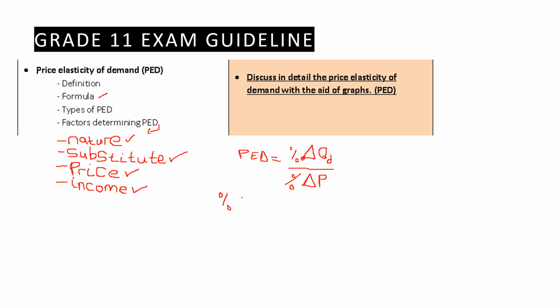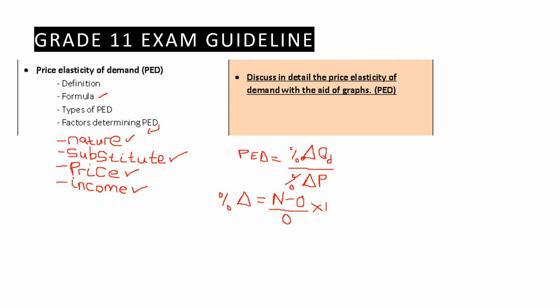Now for us to be able to calculate our percentage change, remember delta in economics represents change. So when calculating percentage change, we are saying new value minus the old value, divided by the old value, and then we multiply that by 100.